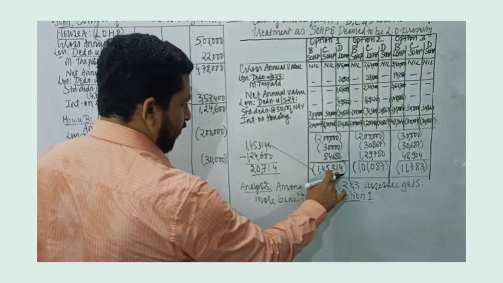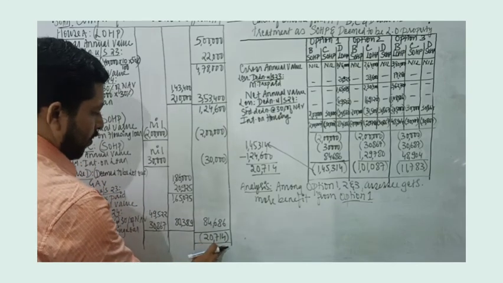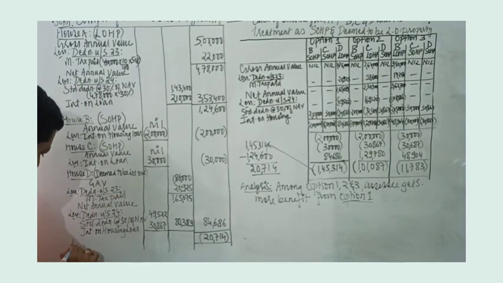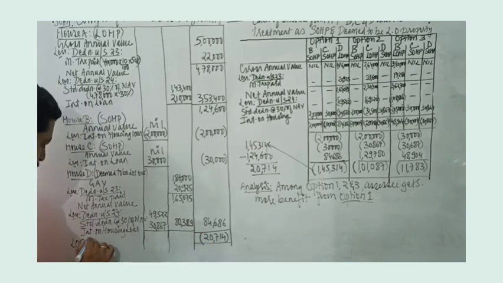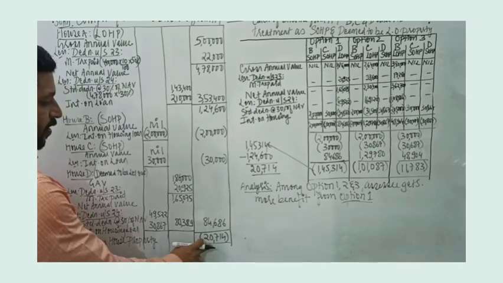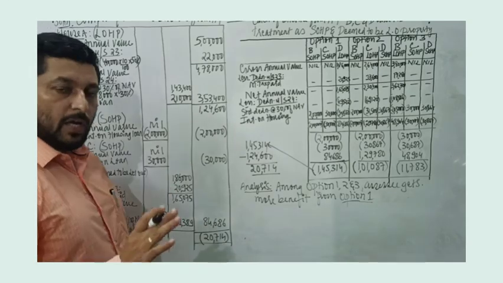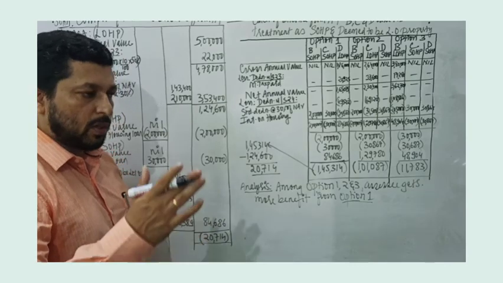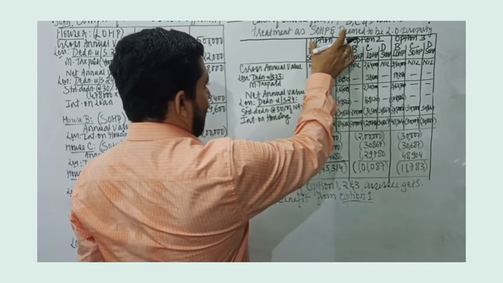So minus 1,45,314 plus 1,24,600 would give you 20,714, and this 20,714 is a negative value. So overall there is a loss from house property in this particular problem. So the loss from house property for the SSE is 20,714.